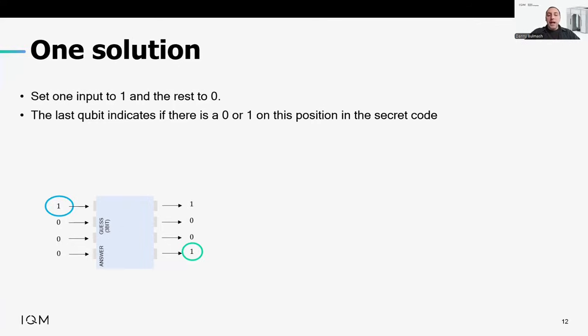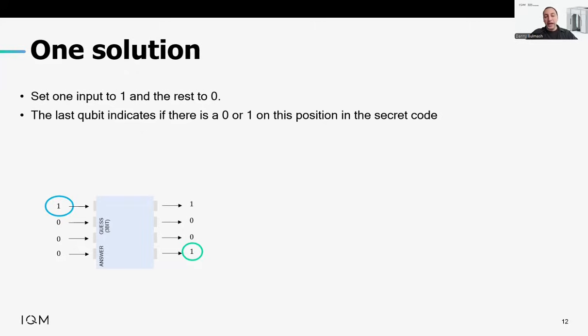But the way the black box works, it never flips the answer qubit if the input qubit is a 0. That's just the rules of the black box. It never flips if there's a 0 in the input. So our only chance, if we put in 100, to flip the answer qubit is in the first spot.